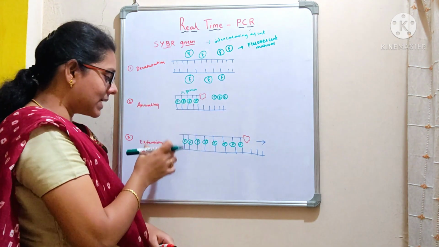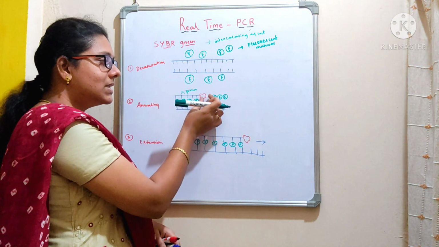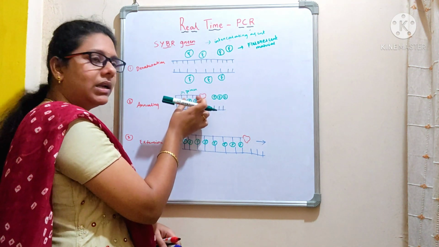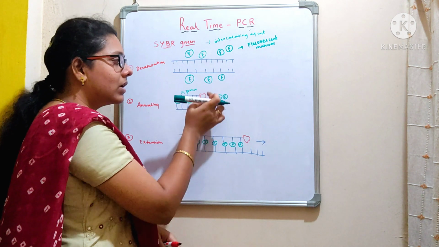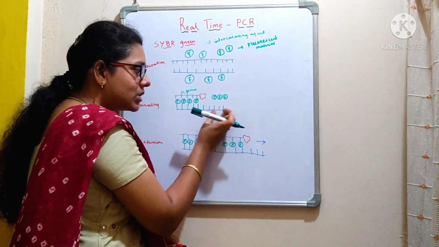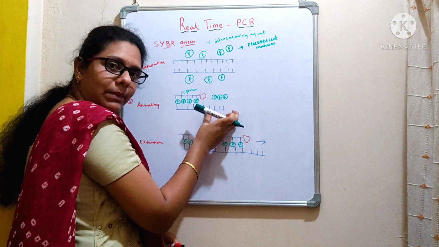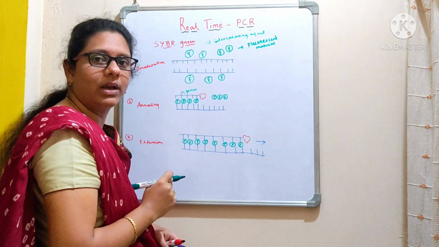Next, in the extension step, the DNA polymerase, after the binding of the primer, will come into action, and it will add one nucleotide after the other. It will read the information present in the template DNA sequence, and then add the corresponding nucleotide.